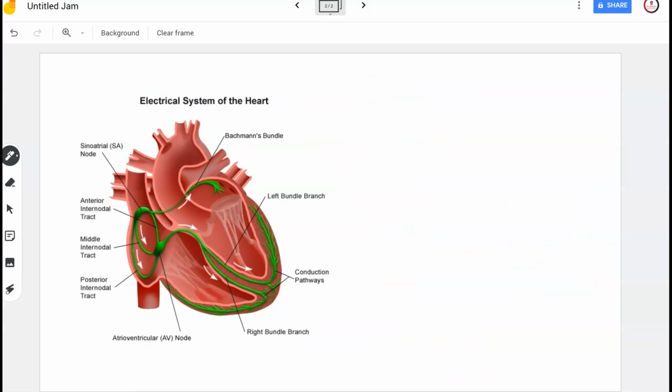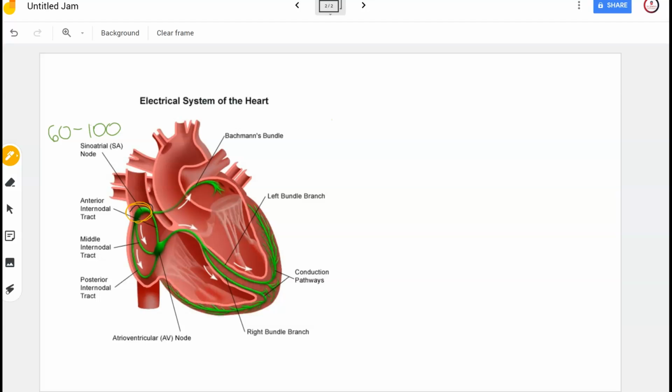Now, the electrical system. You have your SA node, which lives up here in the right atrium. This is your main pacemaker of the heart. The SA node usually releases an impulse at a rate of 60 to 100 beats a minute, okay?